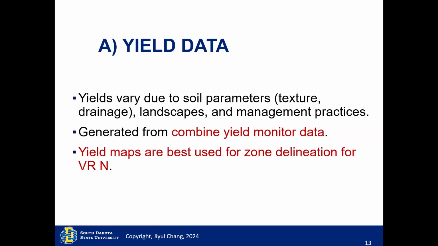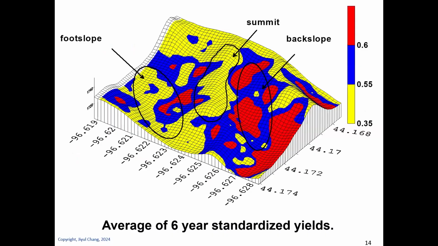And always, when you analyze the data, the dependent variable must be the yield data. We can get the yield data from the combine yield monitor system. So yield maps are best used for the variable rate nitrogen application map. Here's an example: this is a 6-year average standardized yield.